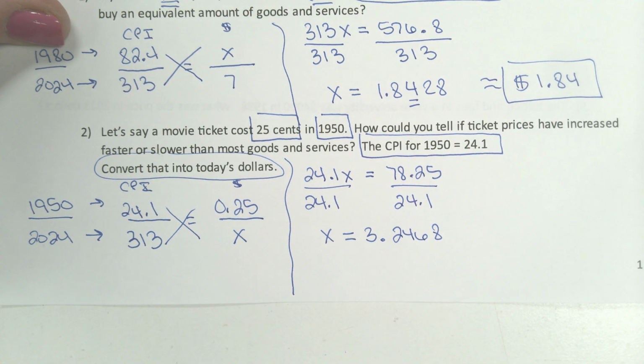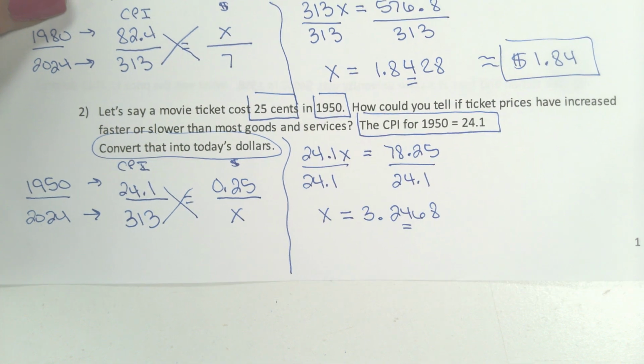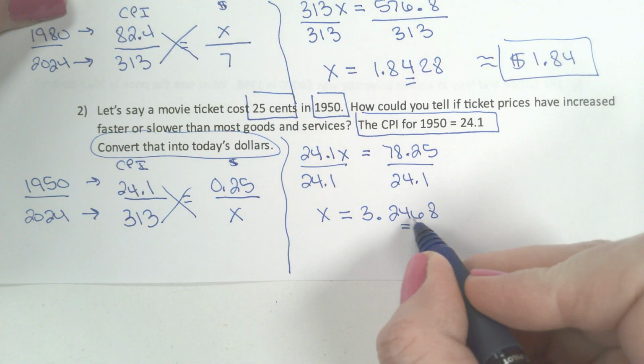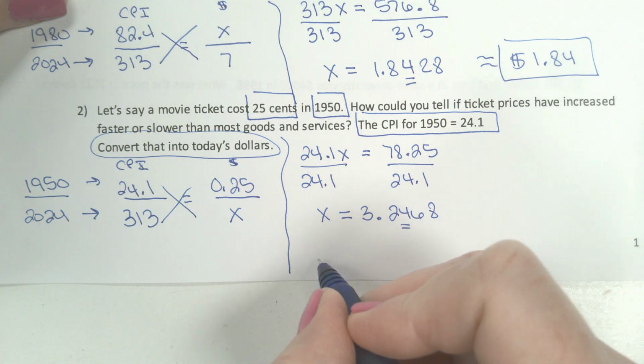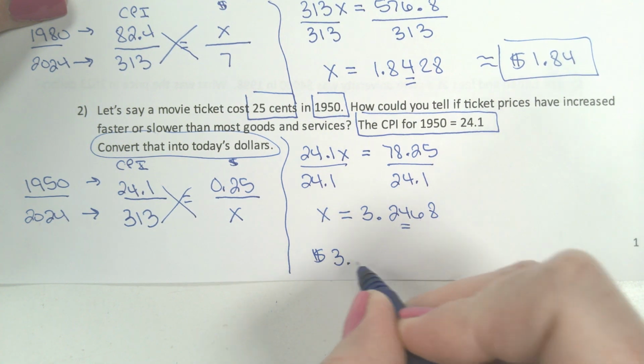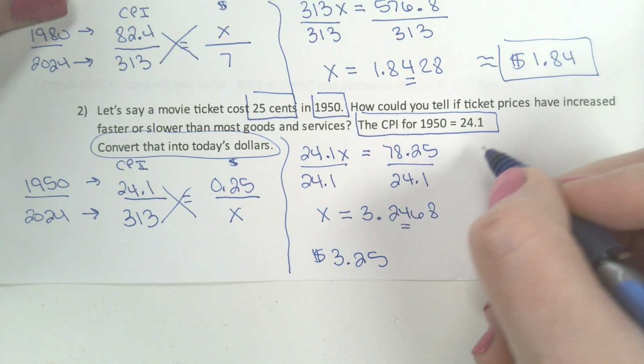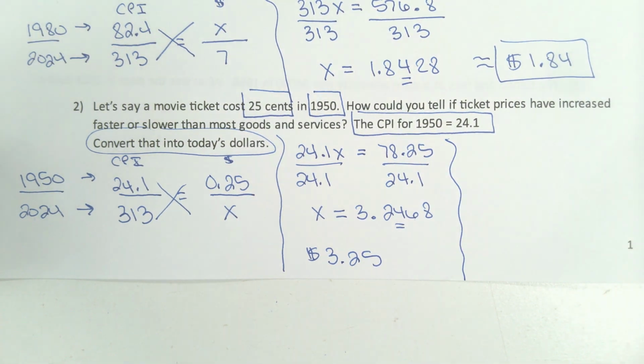I got 3.2468. We would like to round it to the nearest penny. So the 6 rounds the 4 up to a 5. So they're saying that it should cost $3.25.